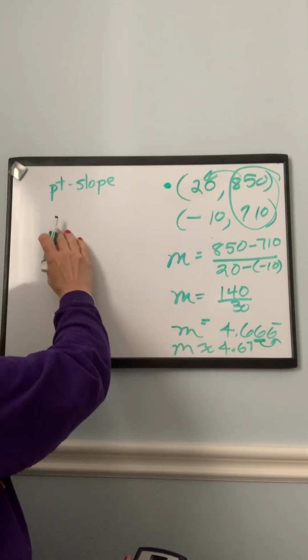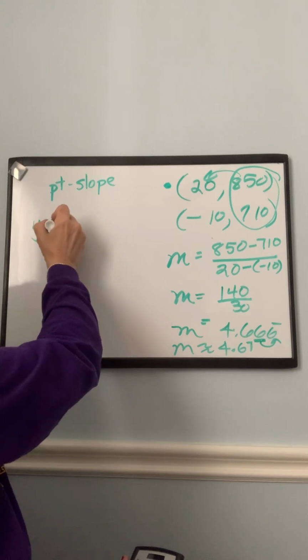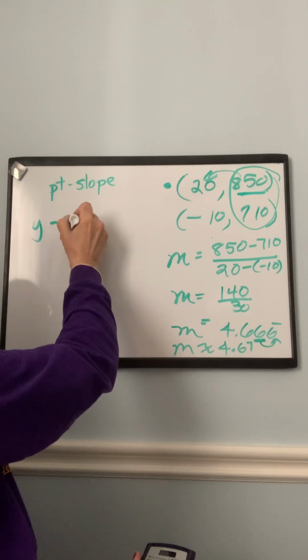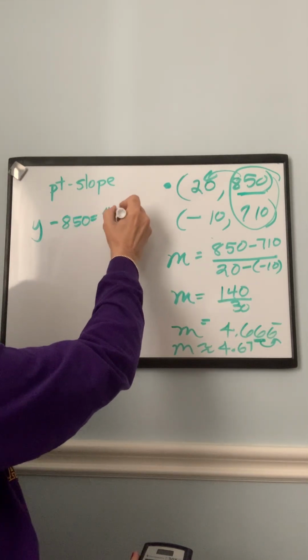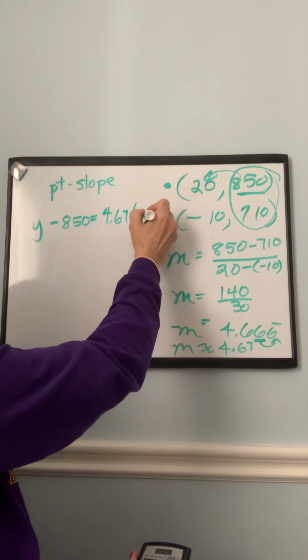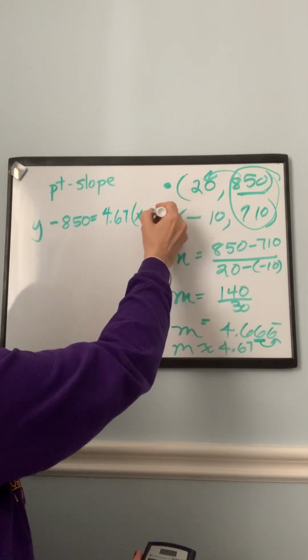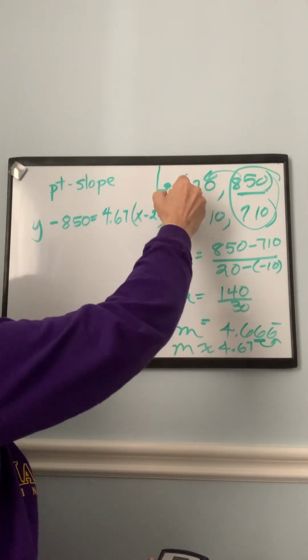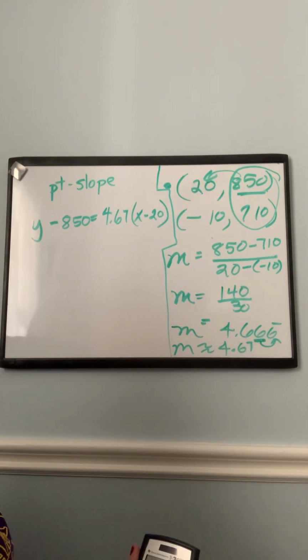So I would have, for my point slope formula, y minus my y value, which is 850, equal my slope, which is 4.67, times x minus my x value, which in this case is 20. And these formulas are provided for you in your presentations as well as in the textbook.